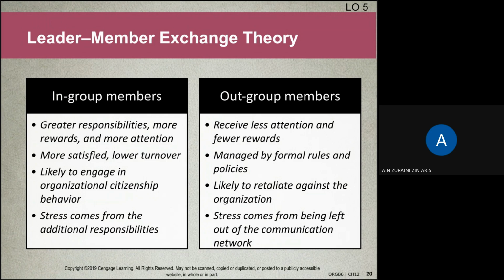Out-group members usually feel disengaged or undervalued. So a leader who only communicates with some team members through formal updates and does not seek their input on important decisions is an example of a situation for LMX theory.